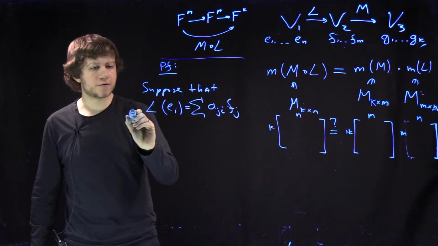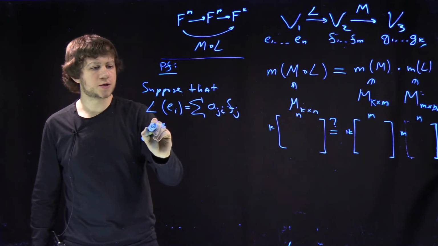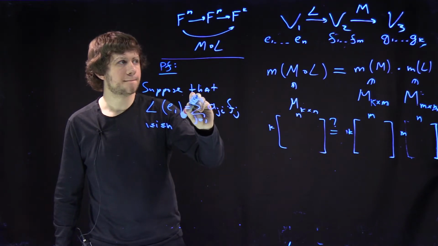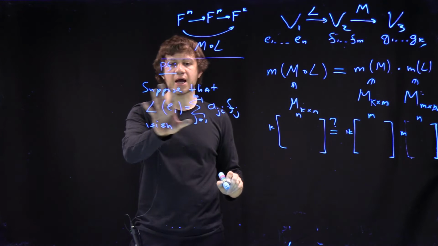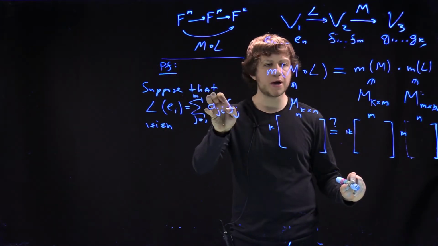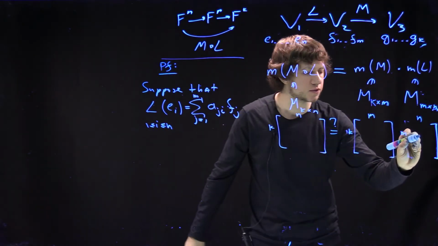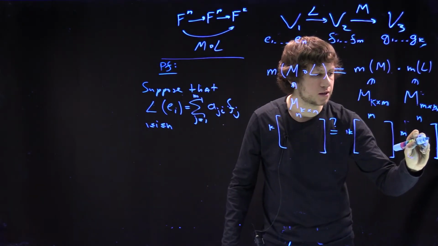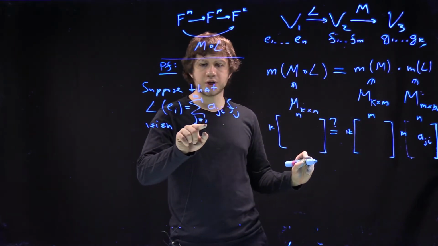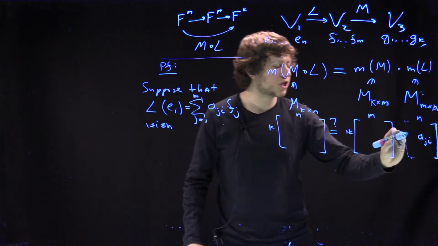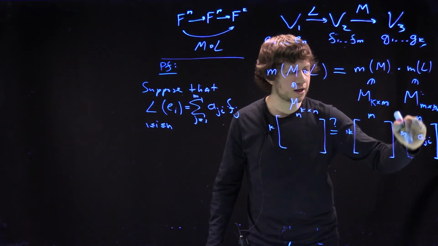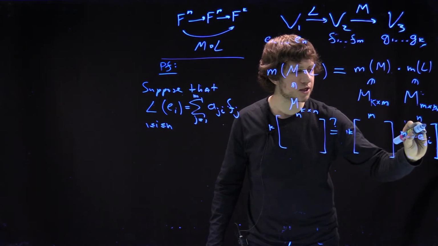So here you should be careful. So I goes from 1 to n, and summation goes from 1 to m. So this is what L does, and so AJI will be exactly the terms of the matrix of L. So this has terms AJI. And J goes from 1 to m, so J is the first number, so that's the number of rows, and I is the number of columns, so that stays in the position JI.